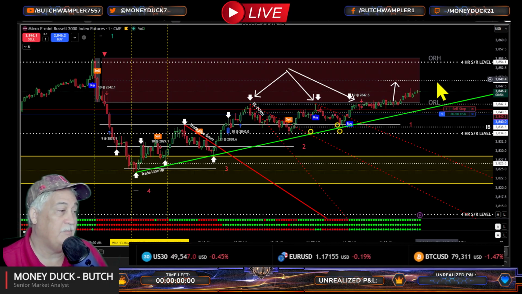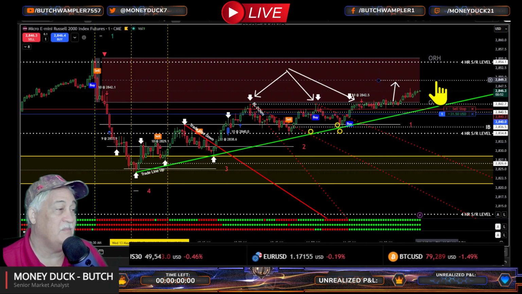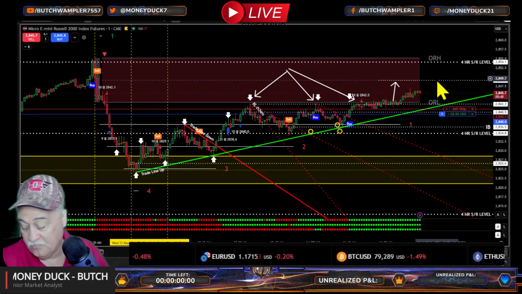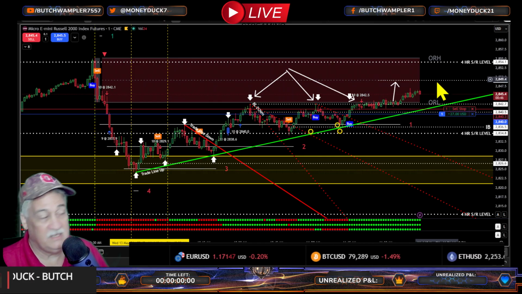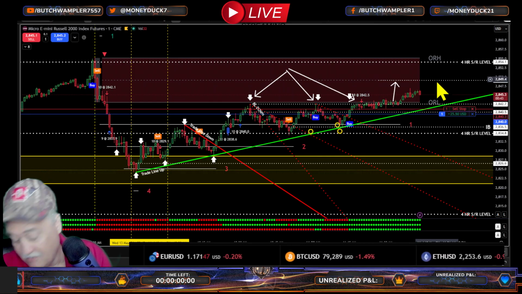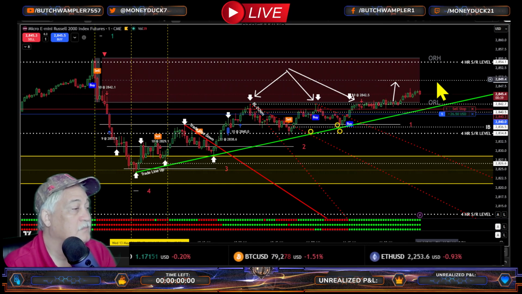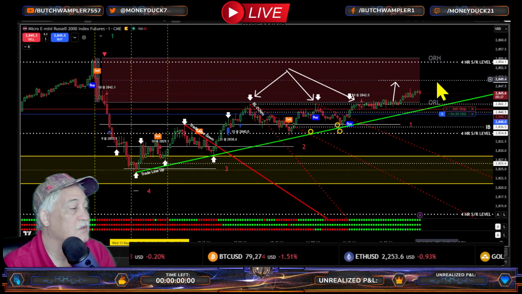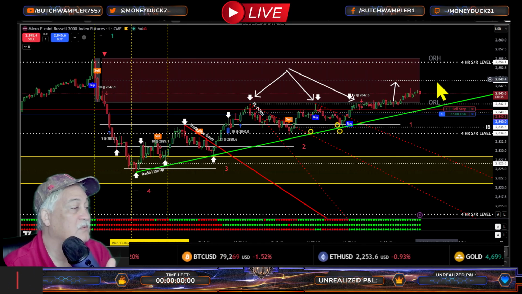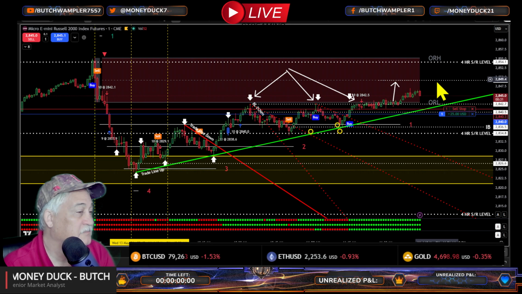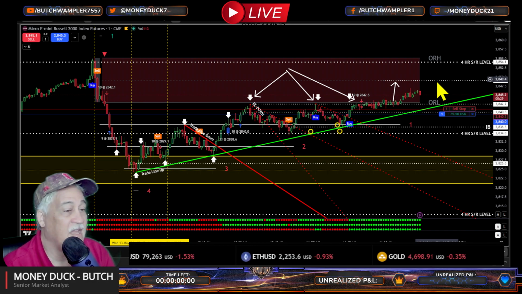If it does get up here to this level and it would close us out, we'd gain 50, which means we'd still be negative 73. So the goal is just to let this go and see what happens. Let it run its course. And then again, we get what we get.